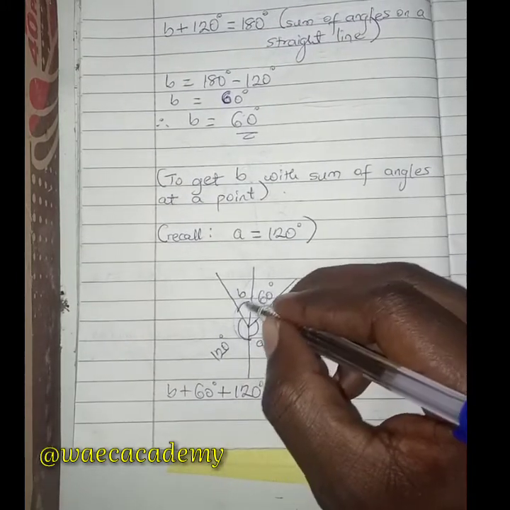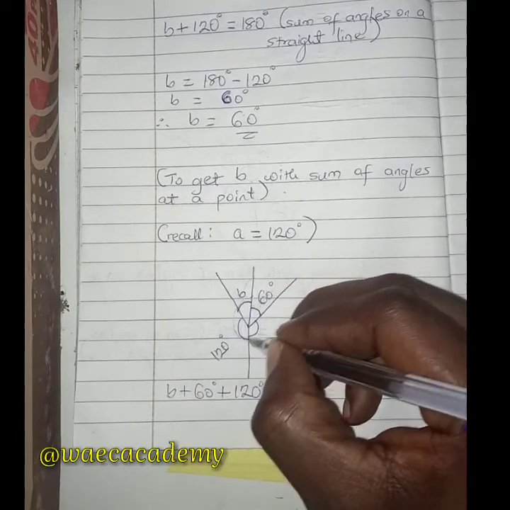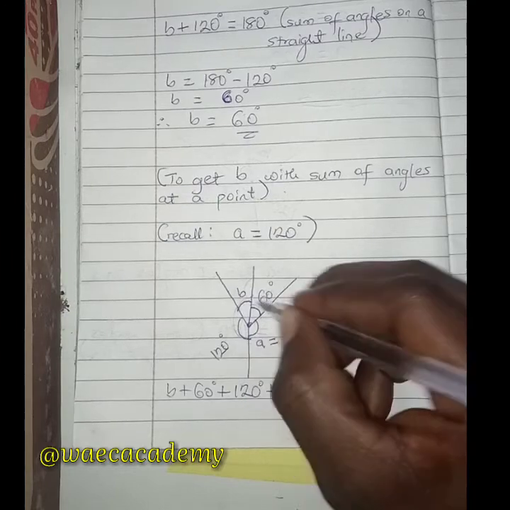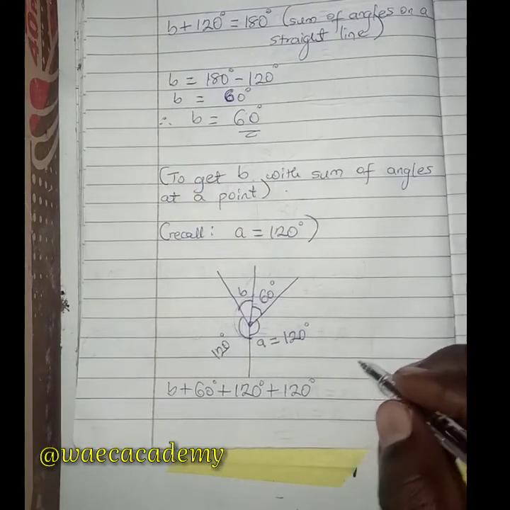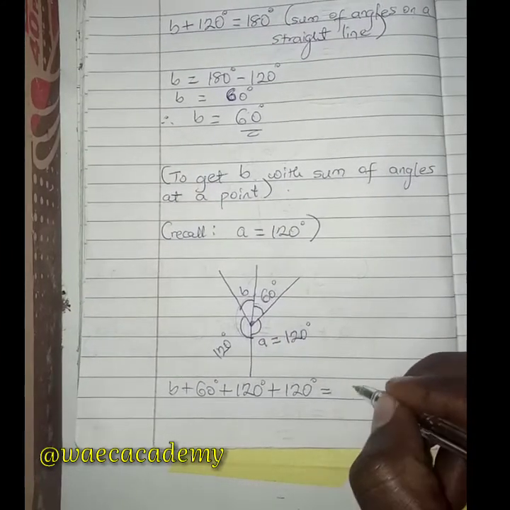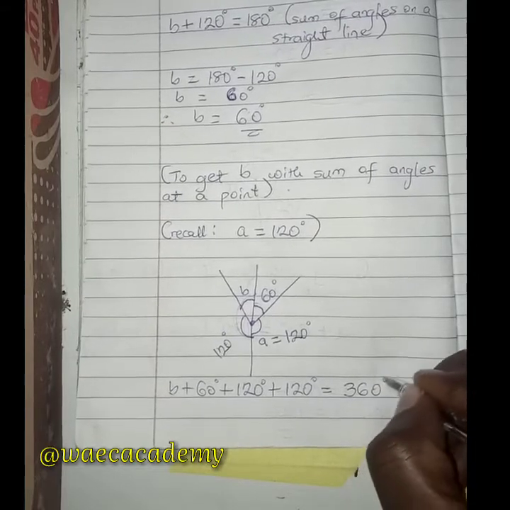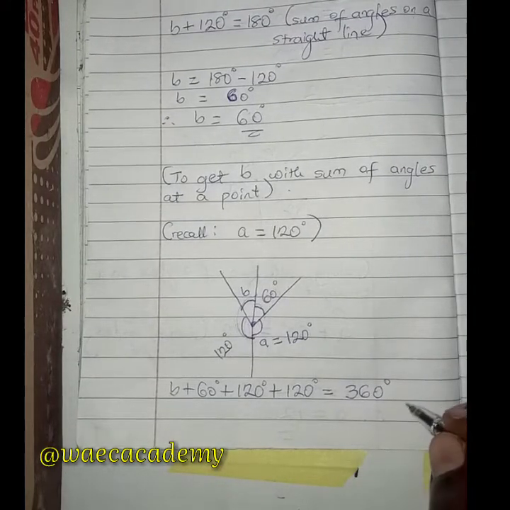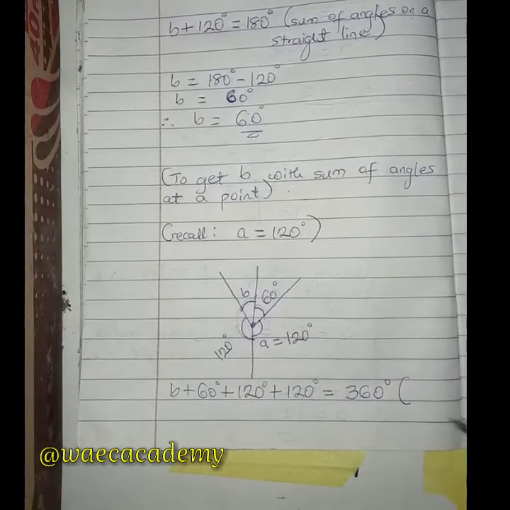So you write out all of them if you are doing sum of angles at a point. This is the point. So it equals 360 degrees, because sum of angles at a point.